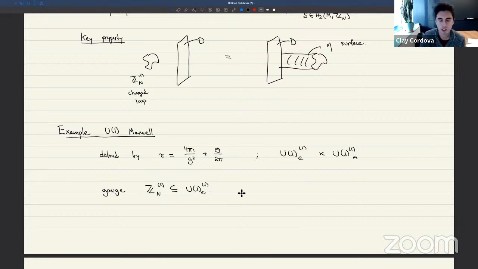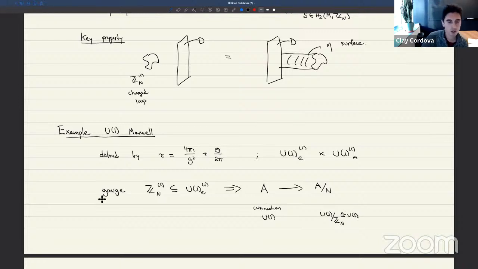So what happens when we do that? At the level of Lagrangian, this is very easy to do. You have the dynamical gauge field A, and wherever you see A, you just replace it by A over N. So here, this is a connection for the dynamical U1 gauge group, and here I'm doing this as a connection for U1 mod Zn, which I'm then identifying with U1.